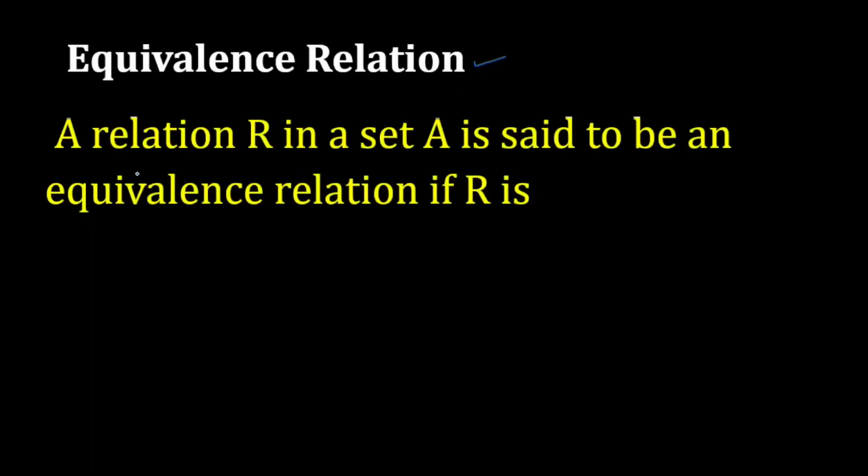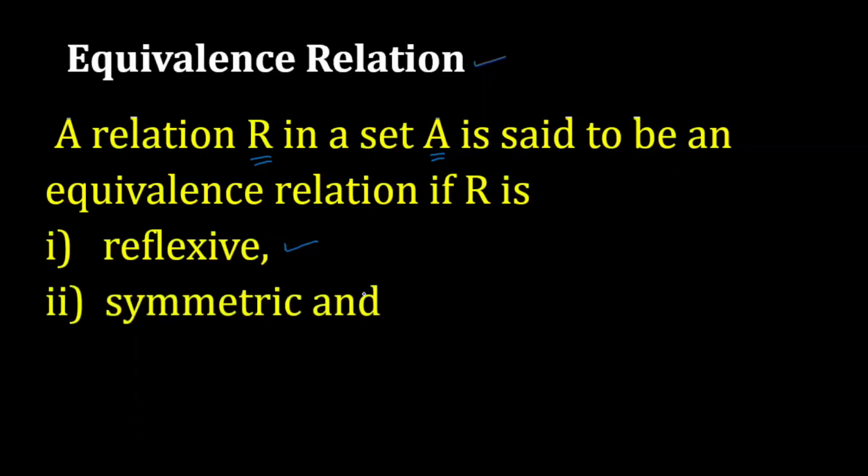The first one is equivalence relation. How do we define the equivalence? A relation R in a set A is said to be an equivalence relation if R is reflexive, if R is symmetric, and if R is transitive.